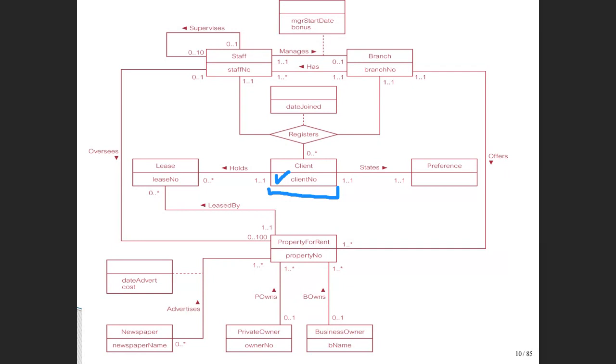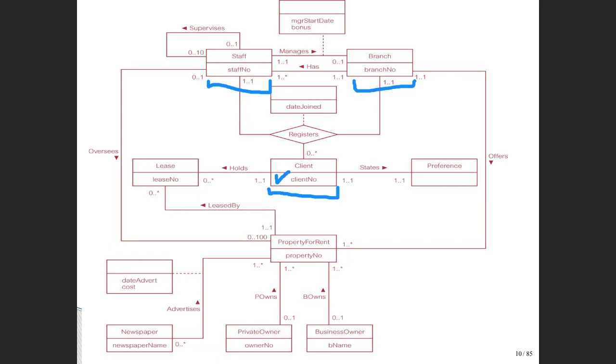When the client registers in a branch, this is another entity, or is registered by the staff member. So there are relationships among them.